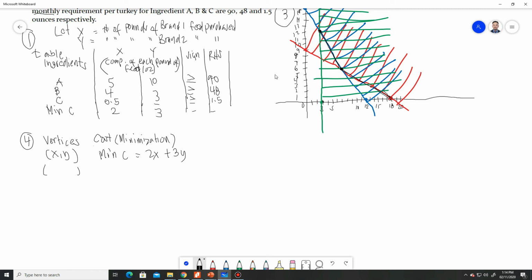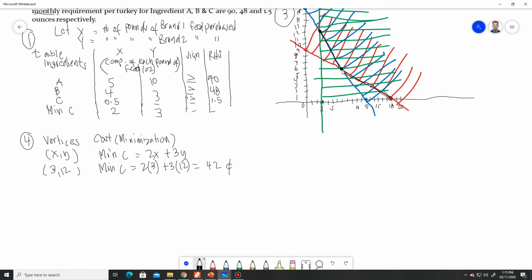This is 3 and 12. We substitute 3 and 12 to the objective function. We will get 42 cents per turkey.